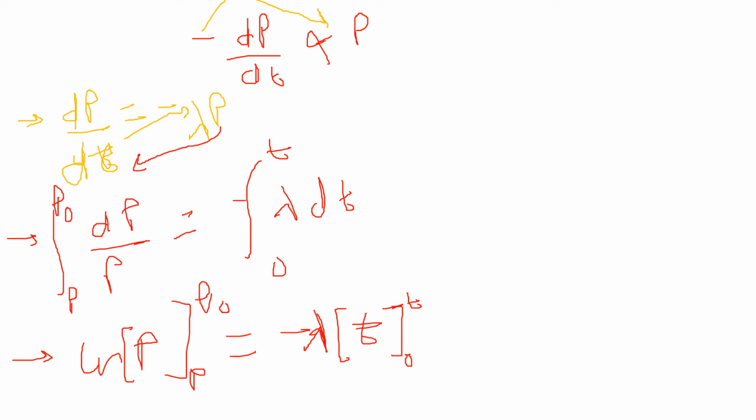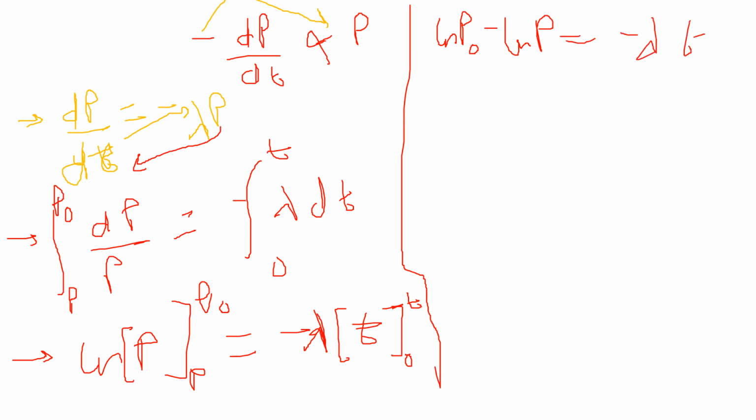So on simplifying, the LHS will become ln of P minus ln of P naught, which is equal to minus lambda T. T equals to 0 is 0, and when we change it to T, it will become T.